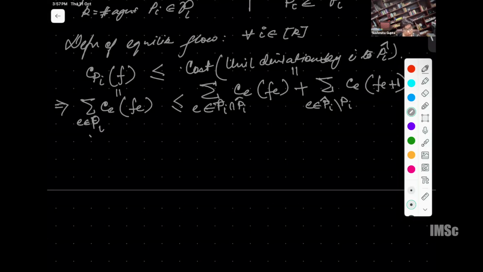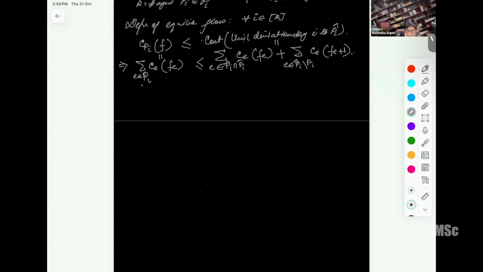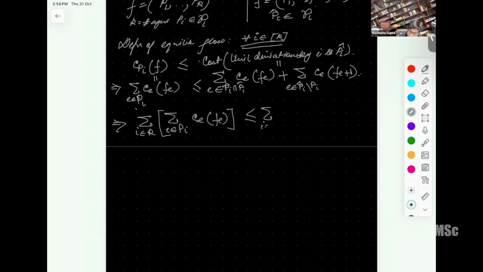Now we do this sort of hybrid freezing of the cost and so on, right? Using this, and we are saying this about each agent type, I can now sum this up across all the agents, and the summation would still hold. There's nothing new here.